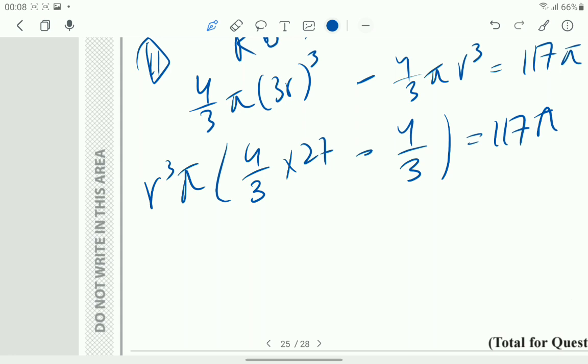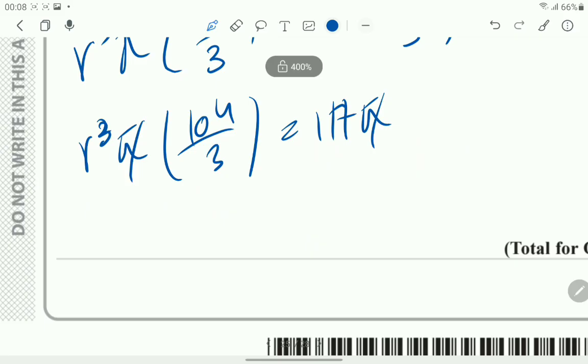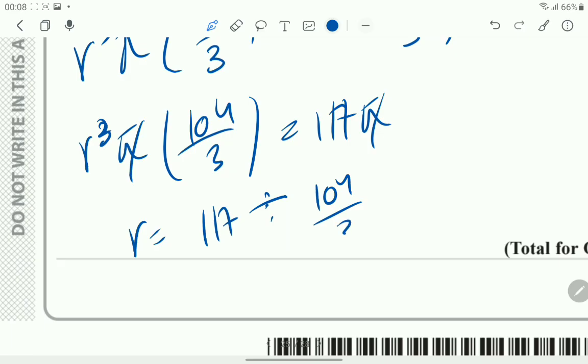Now let's solve whatever's in the bracket. 4 by 3 times 27 minus 4 by 3 gives us R cube pi times 104 over 3 equals 117 pi. Pi's cancel each other out, so R cube is equal to 117 divided by 104 by 3.